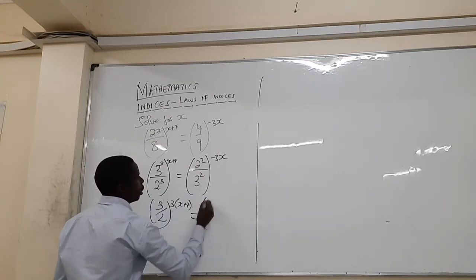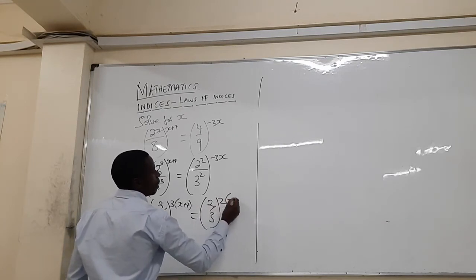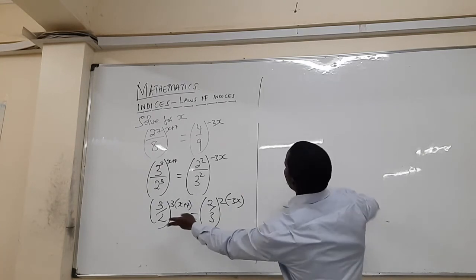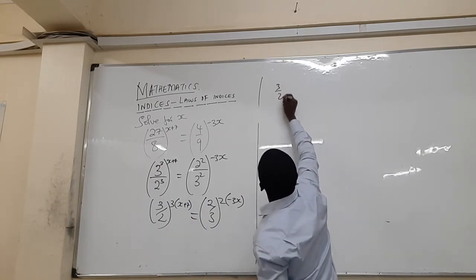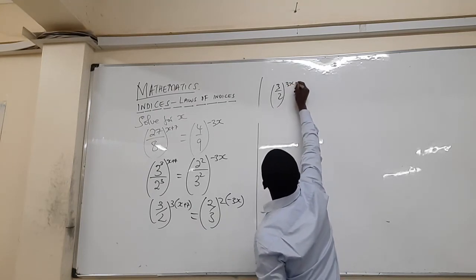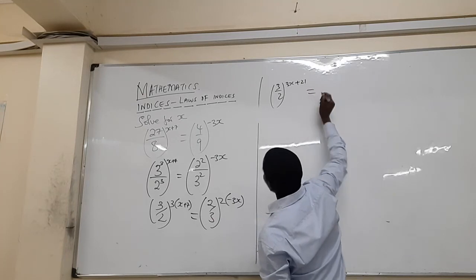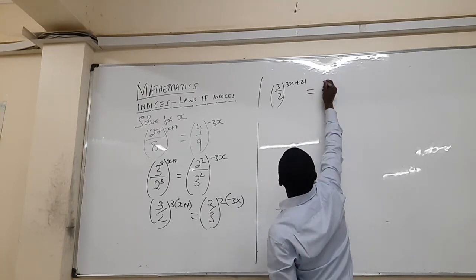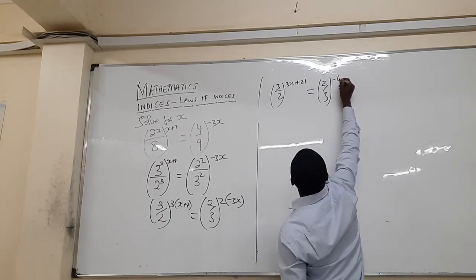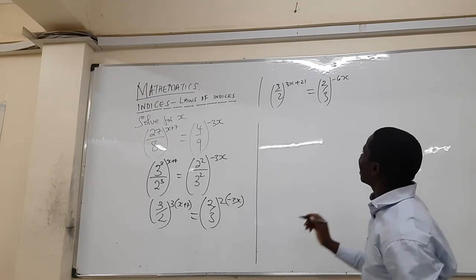We have (2 over 3) power 2, then multiplied by minus 3x. Then we open the brackets. You have 3 over 2 power 3 times x, that is 3x, then 3 times 7 plus 21, is equal to 2 over 3 power minus 6x, since 2 times minus 3 is minus 6x.